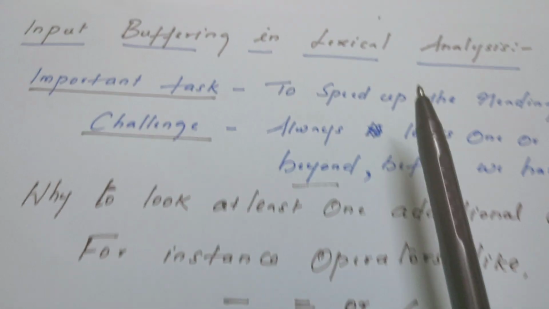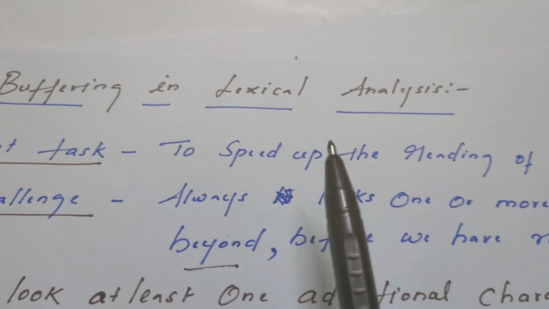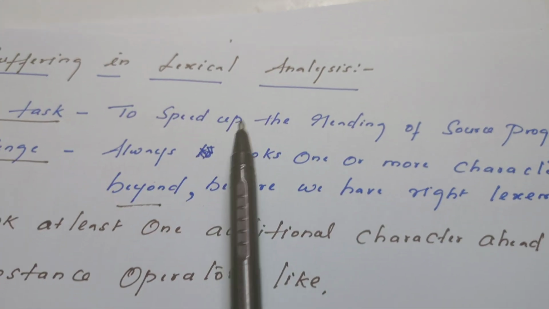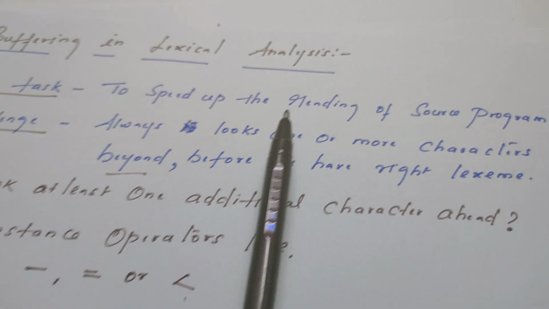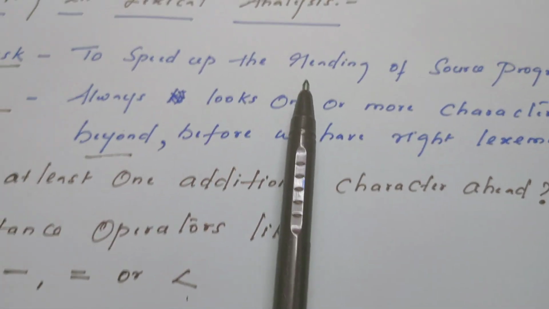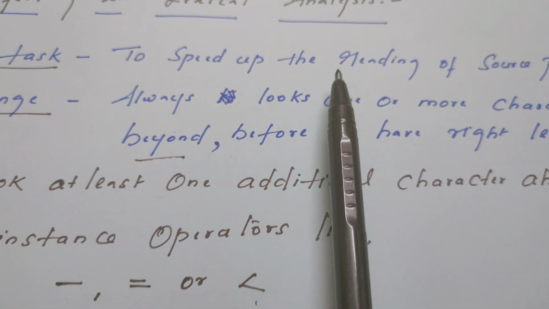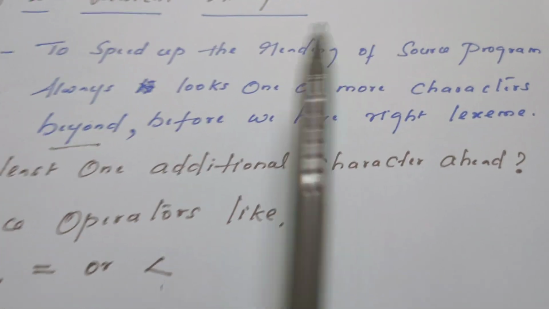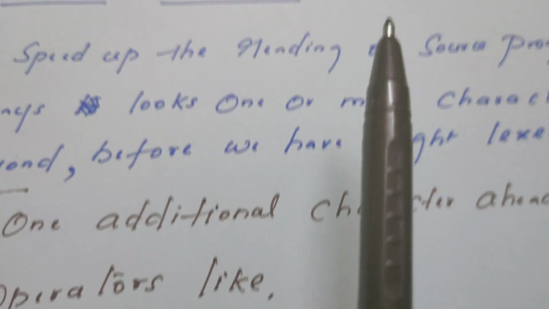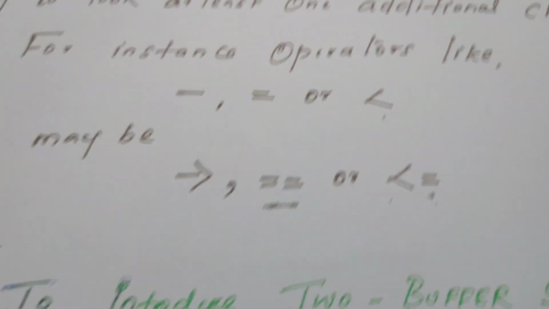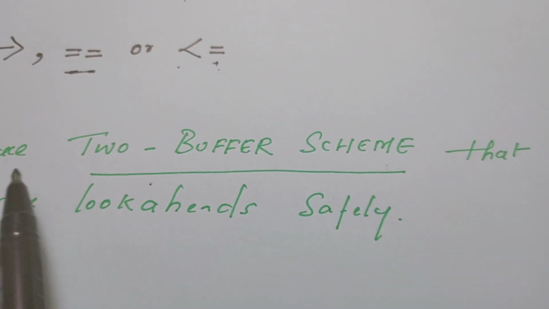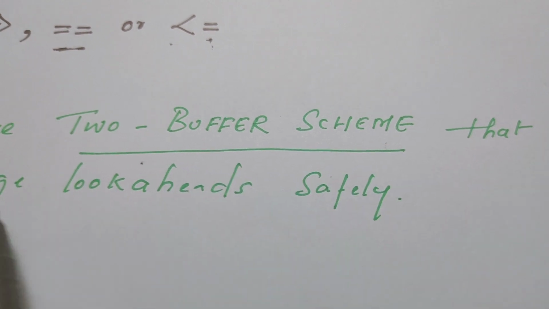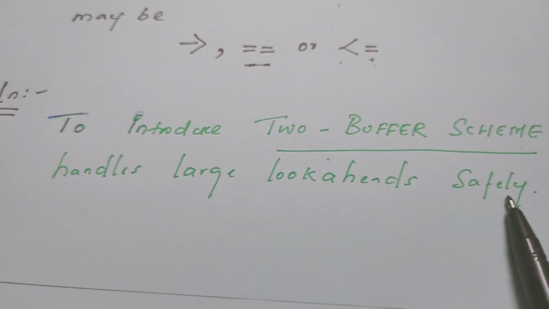So it is actually putting a brake on reading the source program. It is not letting the lexical analyzer read the source program in a speedy manner. So in order to speed up the reading of the source program, we go for the two buffer scheme concept. This is the solution which handles large look aheads safely.